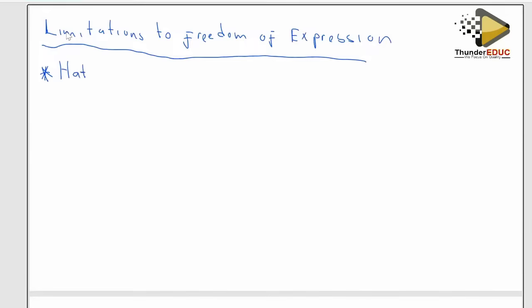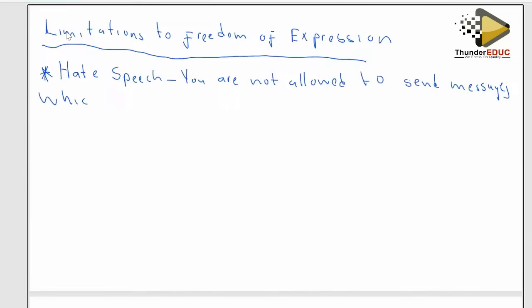Individuals are not allowed to send messages which incite violence.